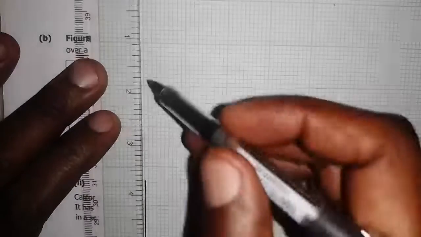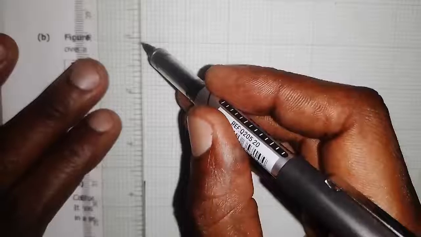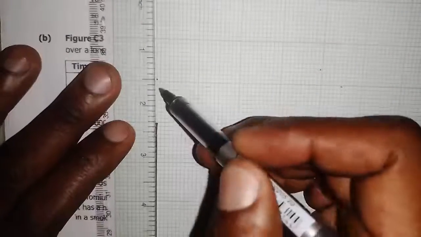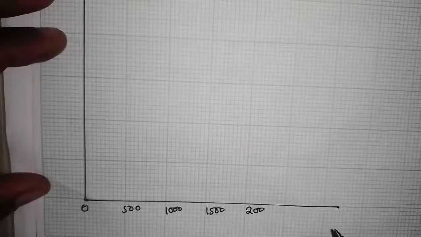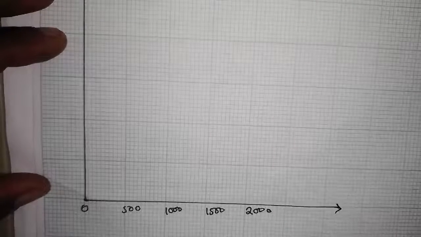The y-axis is a bit longer, so I need to extend it somewhere there. Now I have to put the numbers. This is 0, this is 500, 1000, 1500. This is 2000. Okay, there you can just close.